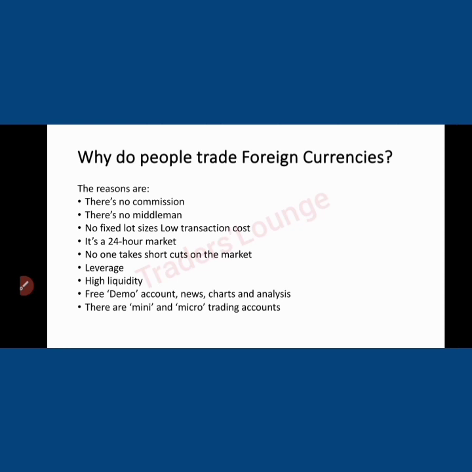So for instance now, forex brokers offer 200 to 1 leverage, which means that if a person has a $50 margin deposit, the person will be enabled to trade, that is, buy or sell, $10,000 worth of currencies.